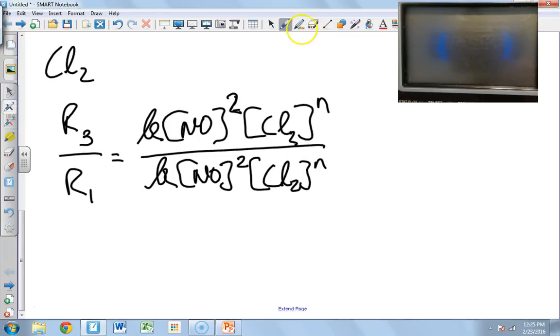Okay, so now same thing as last time. The K's cancel out because they're always the same. They reduce to 1. And again, this does too because those concentrations are held the same.